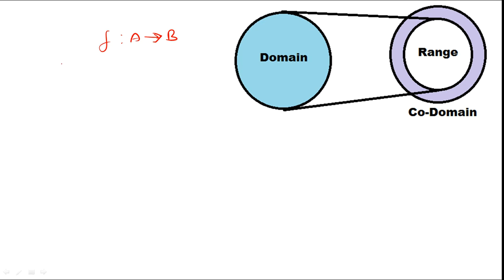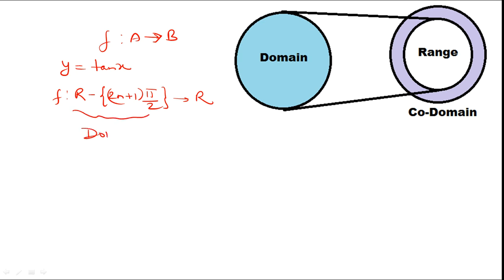Okay, suppose I am talking about y is equal to tan x. Then obviously this function is defined for all the real numbers except odd multiples of pi by 2, and the codomain is the set of real numbers. So here you can see that our domain is the set of real numbers excluding odd multiples of pi by 2, and this is our codomain.